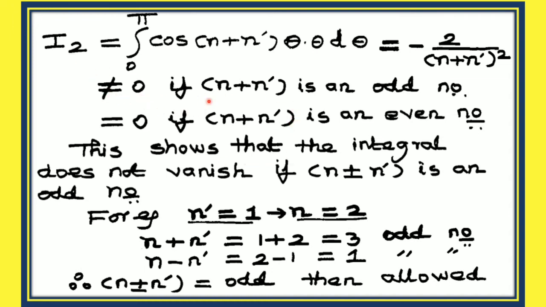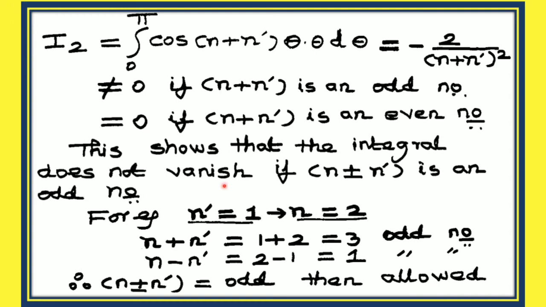I2 is not equal to 0 only when n plus n prime is an odd number. From the above, it shows that the integral does not vanish, does not become 0, if n plus or minus n prime is an odd number.